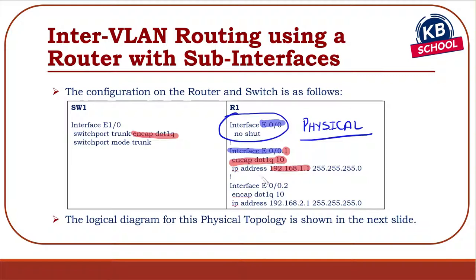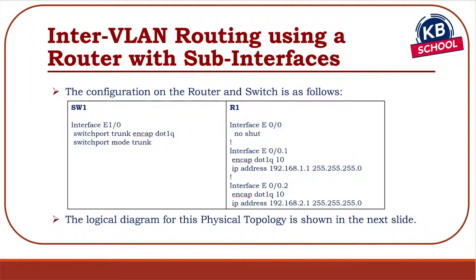Similarly, what have I done over here? E0/0 is my same physical interface, but I've created a sub interface, .2, and .2 is associated with VLAN, and this should have been over here, VLAN 20.